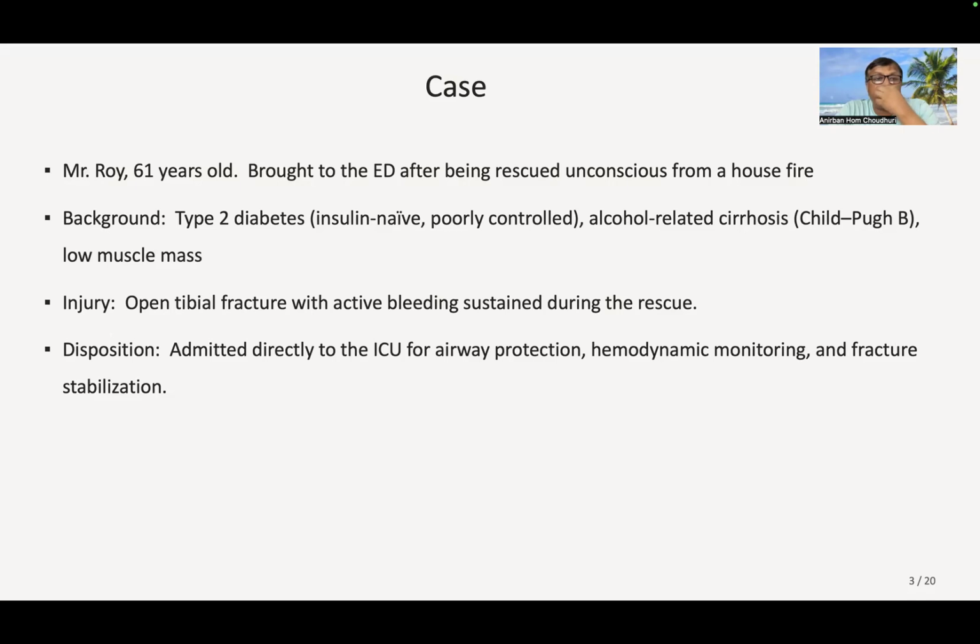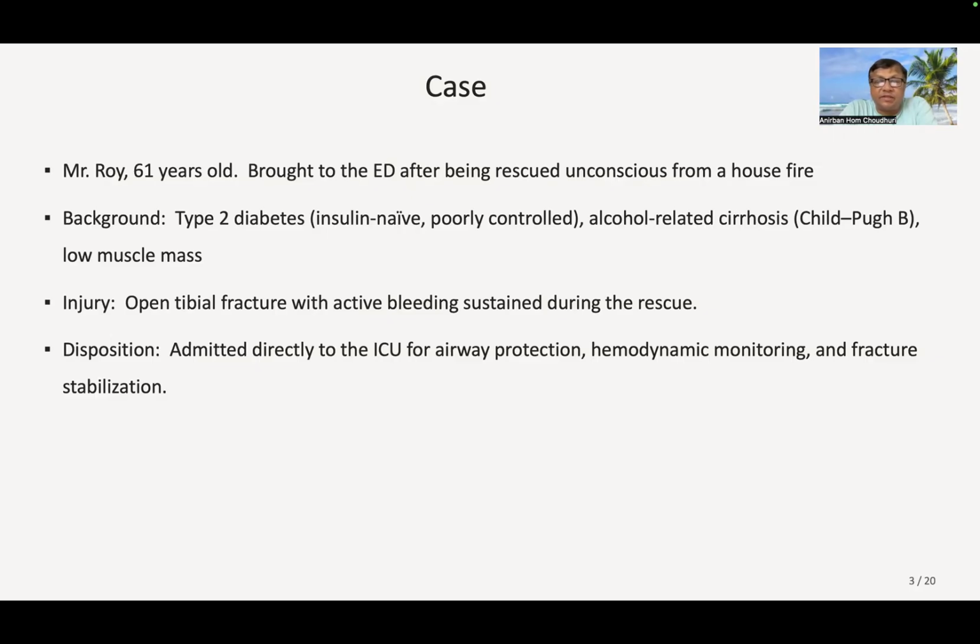A 61-year-old male, Mr. Roy, was brought to the ED after being rescued unconscious from a house fire. On checking background, he is a type 2 diabetic, insulin naive, poorly controlled. He also had alcohol-related cirrhosis with Child-Pugh B and was also having low muscle mass or sarcopenia.